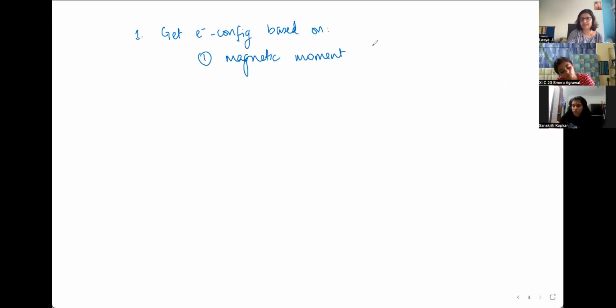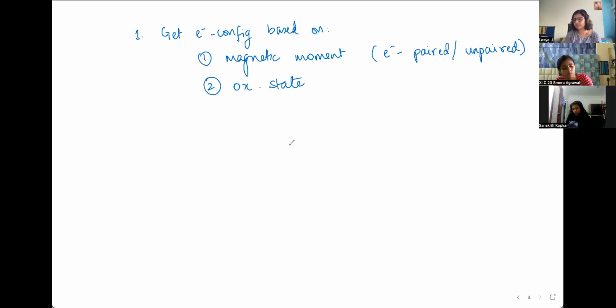From the magnetic moment you'll figure out whether the electrons are paired or unpaired, or how many are paired and how many unpaired, indirectly. So you'll get the number of unpaired electrons, and from that you arrange them in your orbitals. And the oxidation state: the oxidation state will tell you directly how many electrons there are.